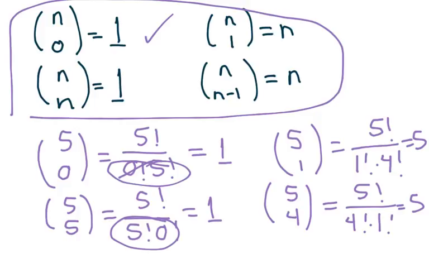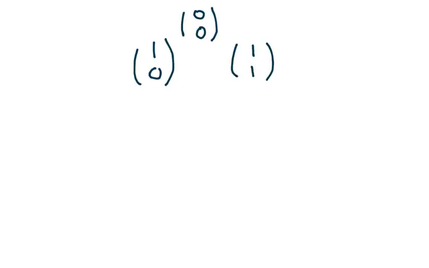All right, now we're going to revisit Pascal's triangle again. So we're going to look at Pascal's triangle, and we'll look at it a different way. We're going to have 0 choose 0, then 1 choose 0, 1 choose 1.